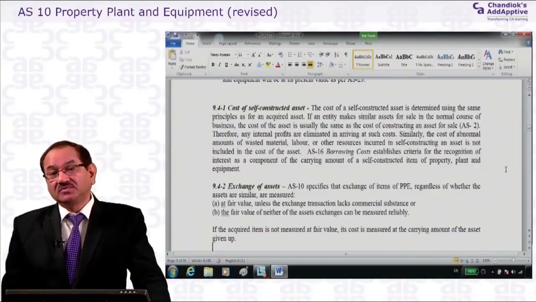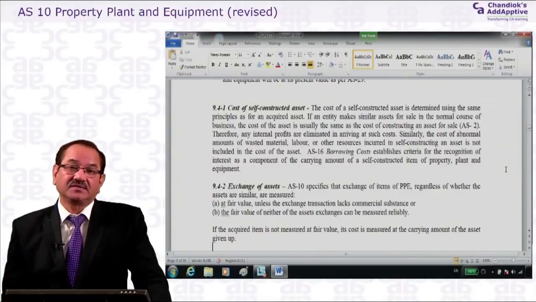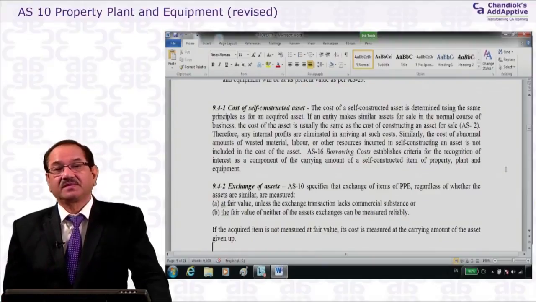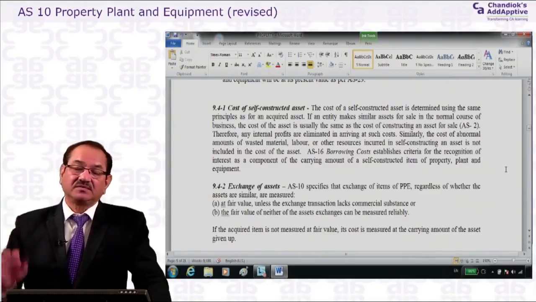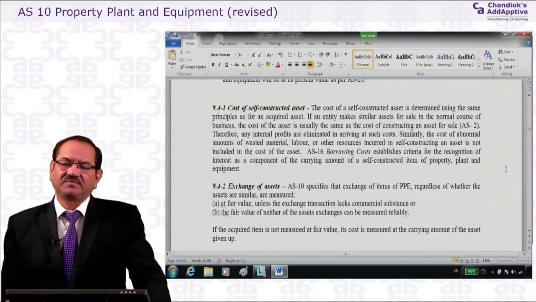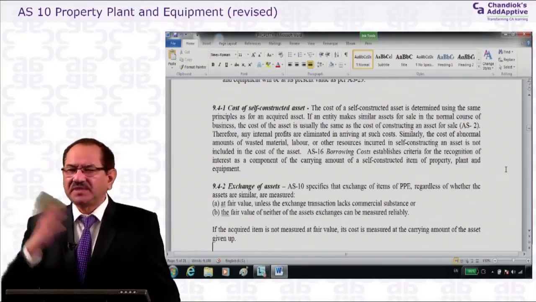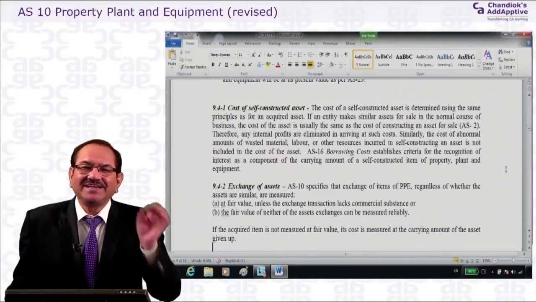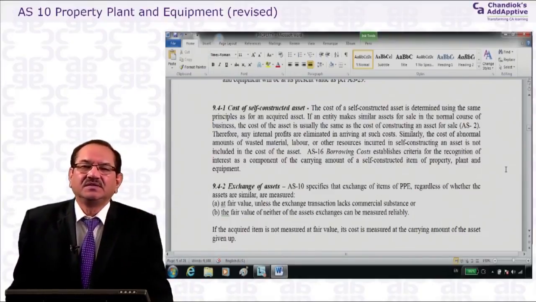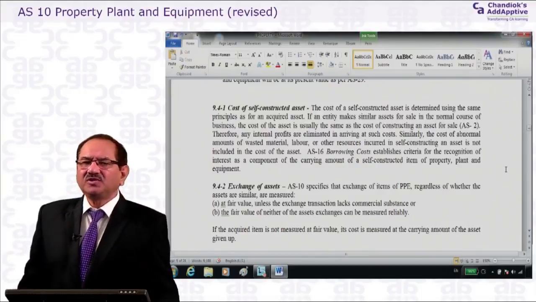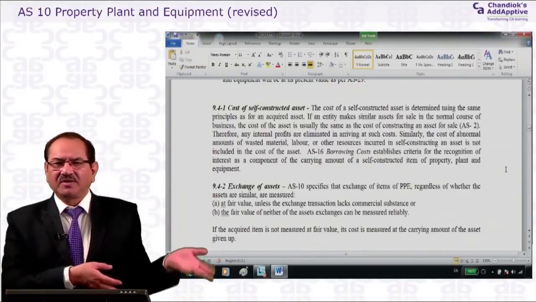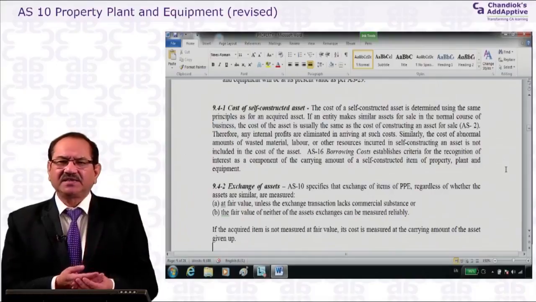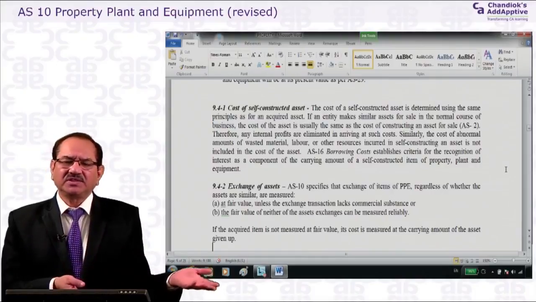Suppose you are constructing a building for your own office purpose. You have not given the contract of this building to any contractor. You are constructing it yourself, purchasing the material, supervising yourself, and constructing the building. You are a cement dealer, dealing and trading in cement.